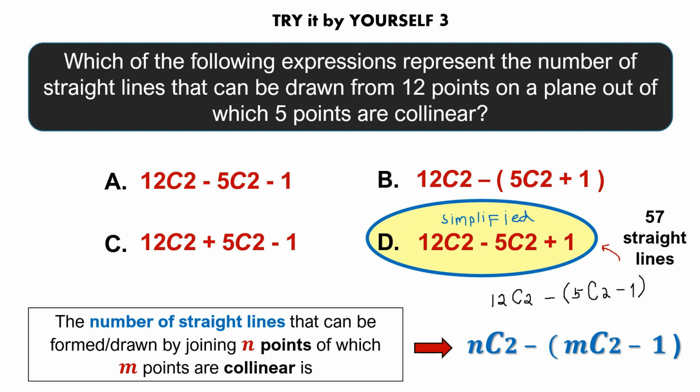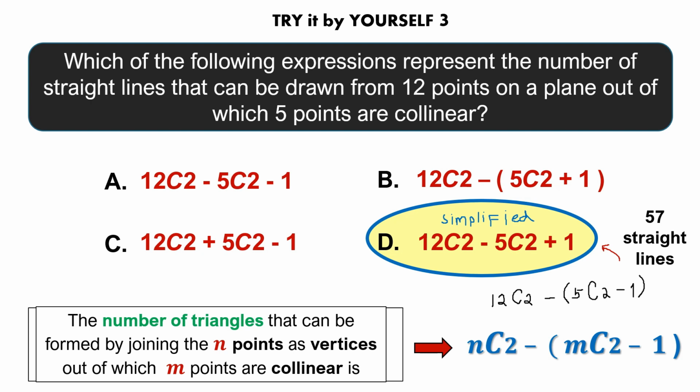Okay, as a key takeaway, if the problem calls to form a triangle joining the endpoints as vertices and out of which there are endpoints that are collinear, you can use this formula. N choose 3 minus M choose 3. Now, proceed na tayo in the next example problem.